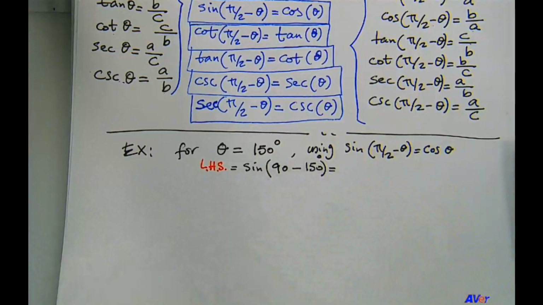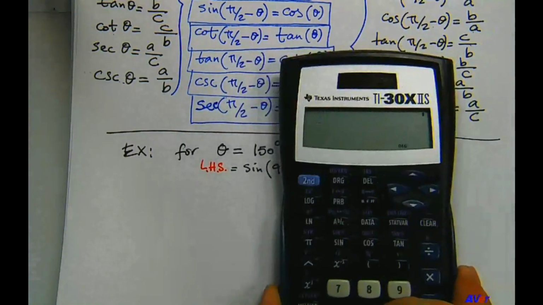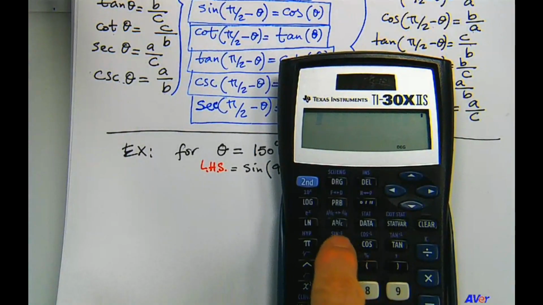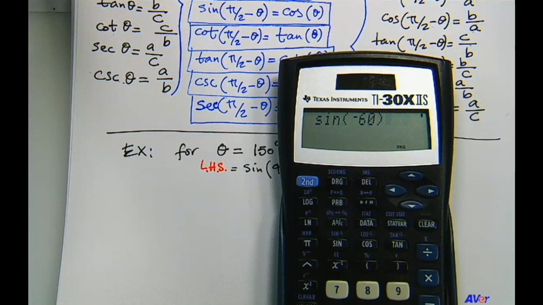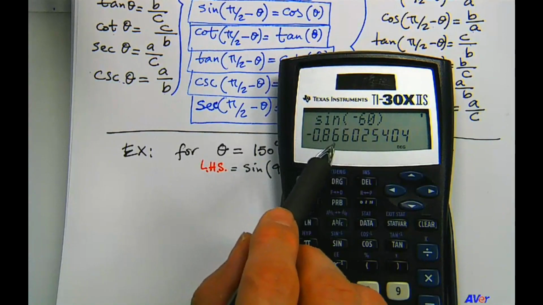What is that equal to? So that would be 90 minus 150, that would be minus 60 degrees, right? So let's find out the sine of minus 60 degrees. So sine of minus 60 degrees equals, we got minus 0.866.